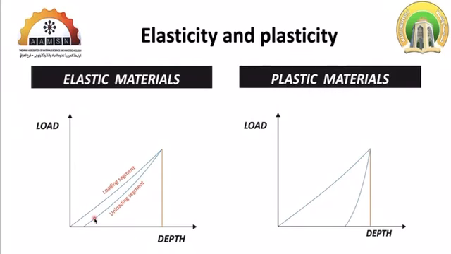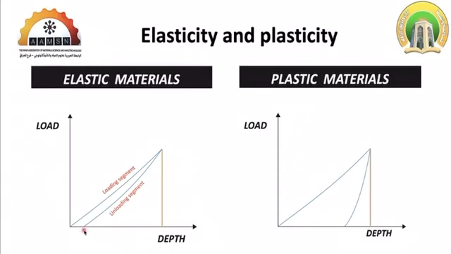Okay, so the recovered distance, the depth from the maximum load until the depth at the final point, is ascribed to the elastic recovery of the material when we lift the indenter from the surface.